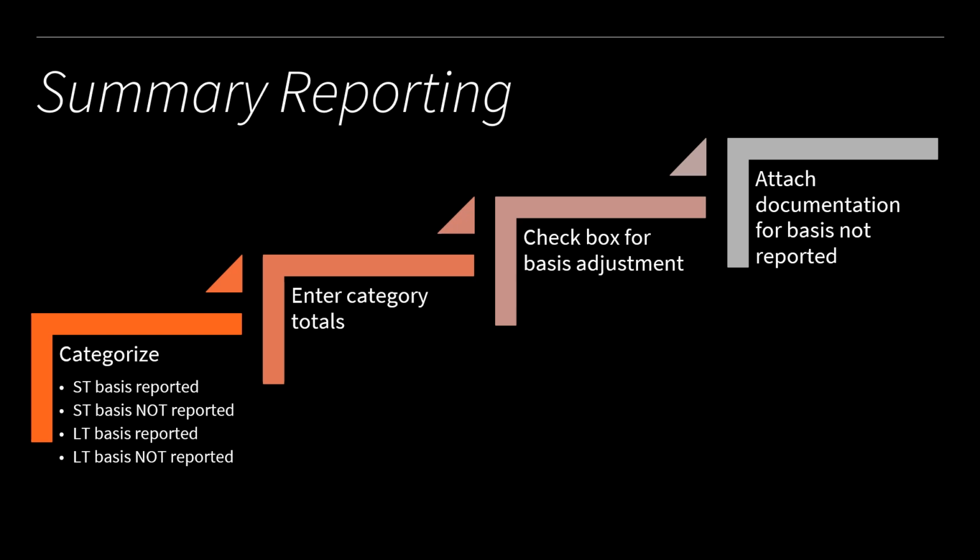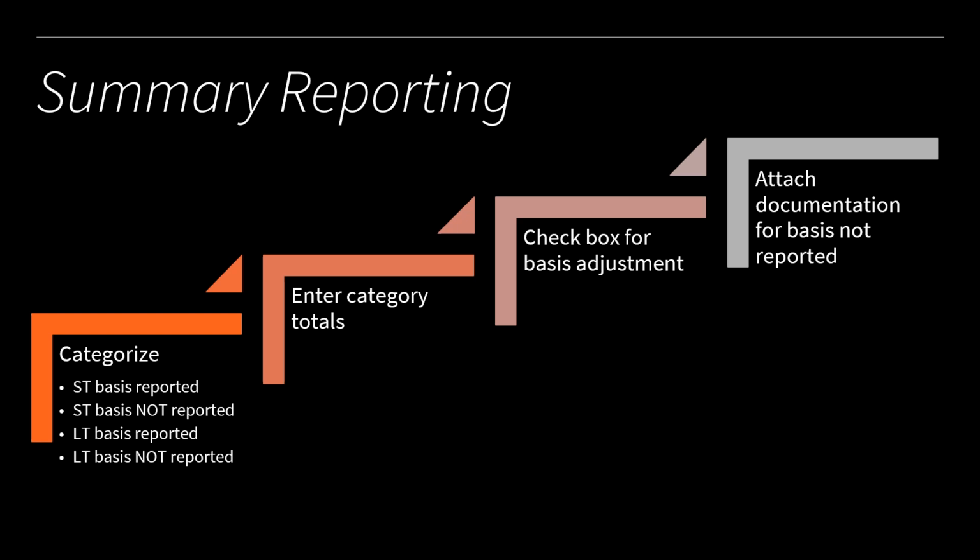Each table will have summary totals, and you take those. Just make sure that you're not adding together your short-term and your long-term. And then if there was a basis adjustment to any of these sales, you would check the box for the basis adjustment for the category where that particular transaction was included.